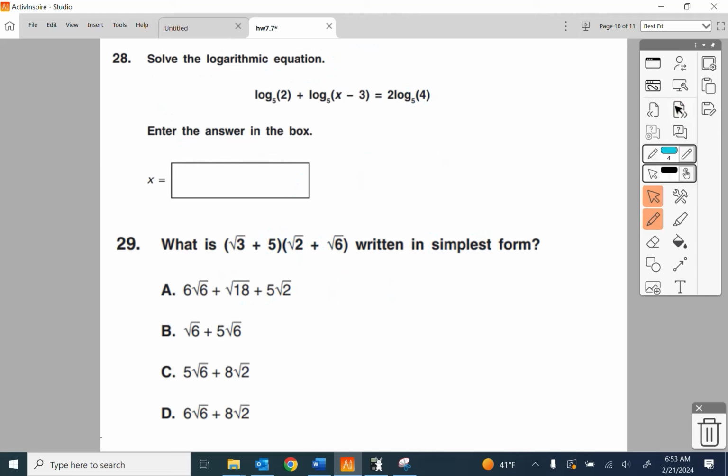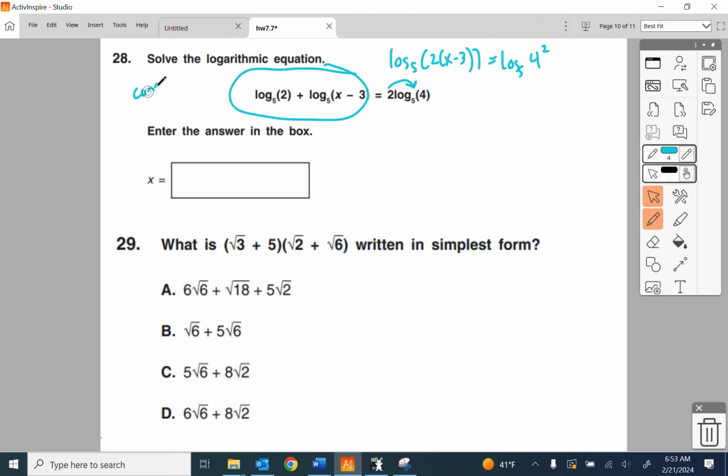Solve the log equation. We're going to condense. This is log base 5 of 2 times x minus 3, and it equals log base 5 of 4 squared, because I'm allowed to move exponents up top.